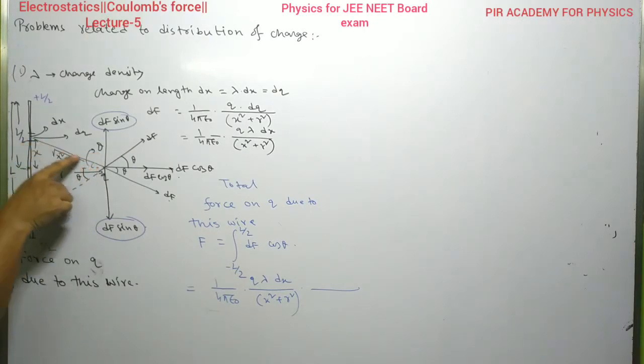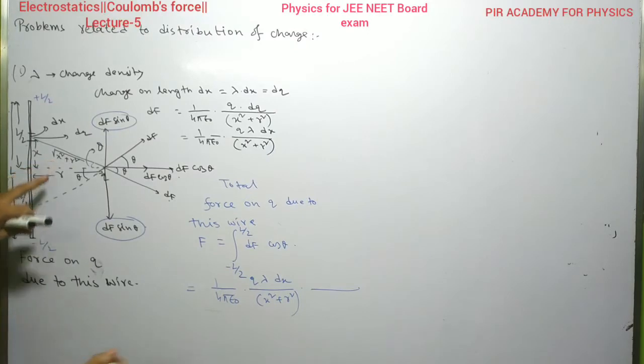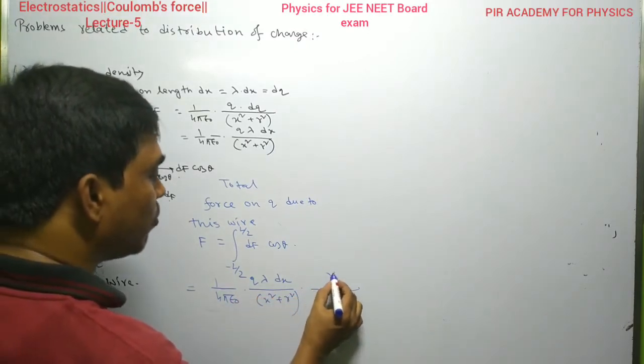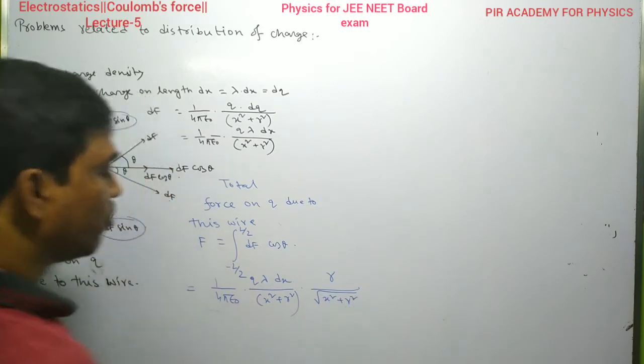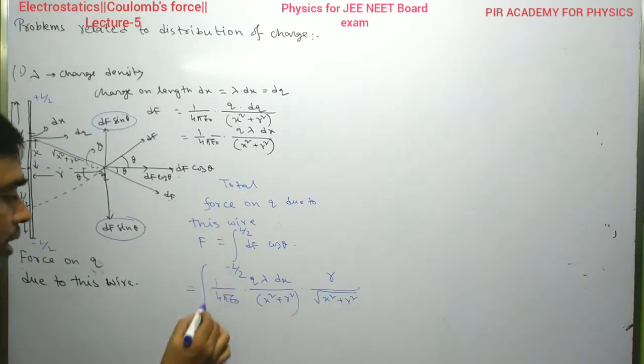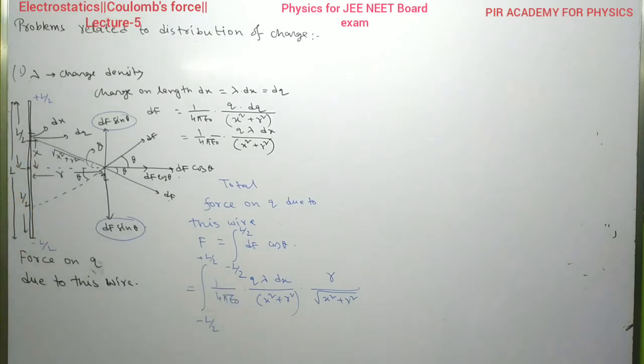Through this triangle you can calculate the value of cos theta. Cos theta will be r divided by root over x square plus r square. So this is the integration from minus L by 2 to plus L by 2. Now we have to integrate this.